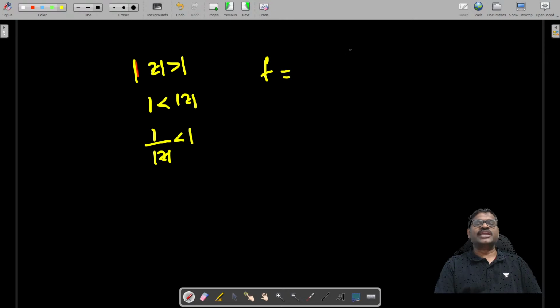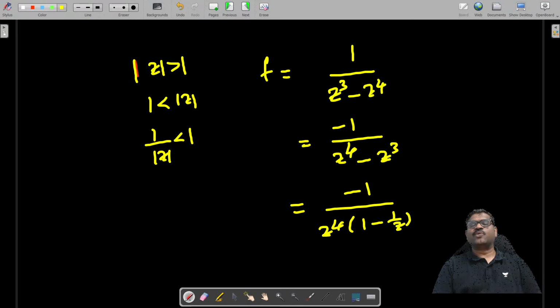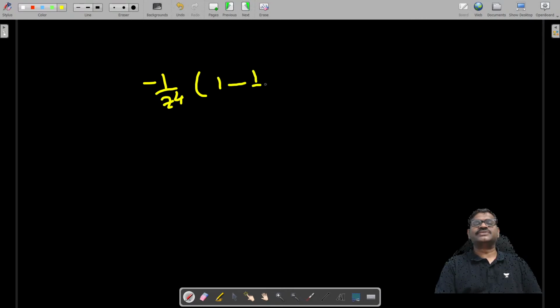Now the function is 1 by z cube minus z power 4. I require the 1 by z term. Therefore, I am writing minus 1 by z power 4 minus z cube. Take z power 4 common, then 1 minus 1 by z will come. That is minus 1 by z power 4 multiplied with 1 minus 1 by z whole inverse.